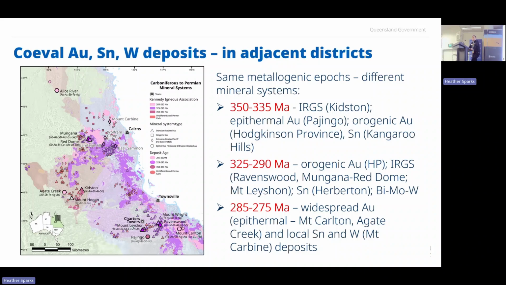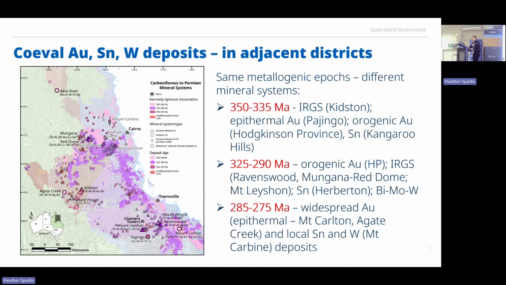And then finally, the early Permian episode. That's the most widespread gold mineralization throughout the region. That's where most of the epithermal gold deposits formed, from near the tip of Cape York down to Mount Carlton. And at the same time, we saw the introduction of tungsten deposits around Mount Carbine and tin deposits around Cooktown.